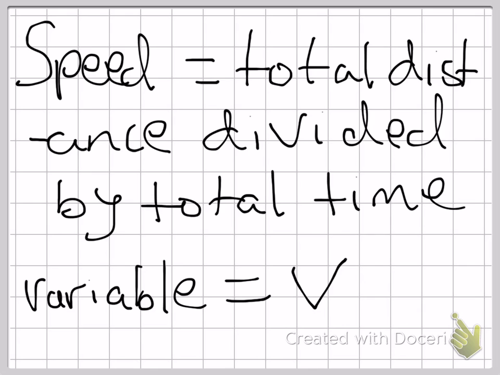An example of speed, not velocity, would be 10 meters per second, or something you're more familiar with, miles per hour. So 10 miles every hour, 10 miles per hour, would be a speed.